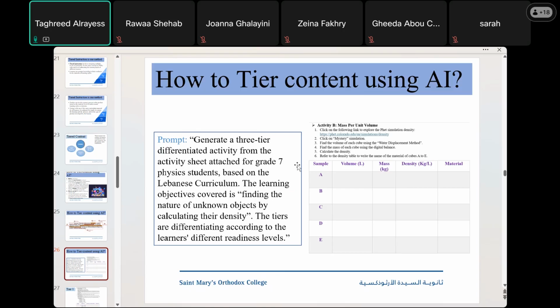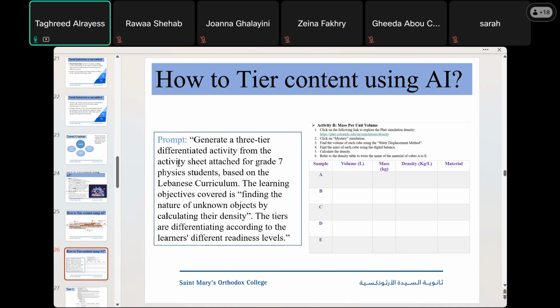Here I wanted to differentiate a pre-made activity sheet about density. I mentioned the grade level, the subject, the curriculum, and I also added the outcome that I aim to achieve. And finally, I also added my target. I wanted to differentiate in order to address the different readiness levels in my classroom.